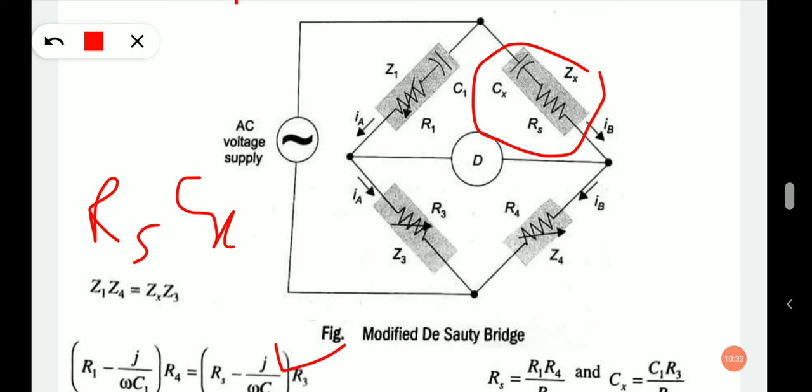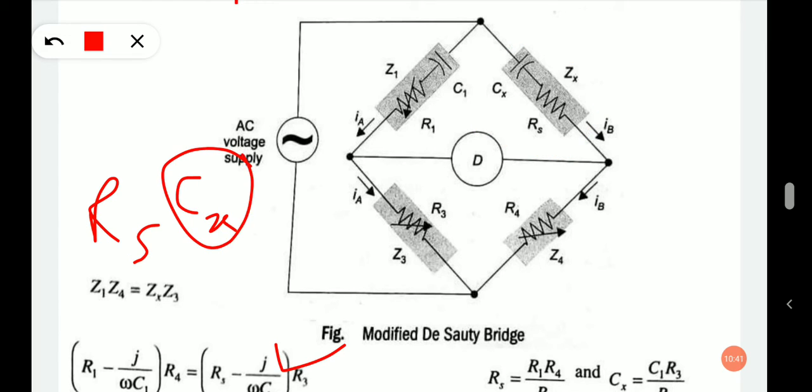Note that Cx is the pure capacitance. The standard variable resistance R1, here it is given, is connected serially with standard capacitance C1.